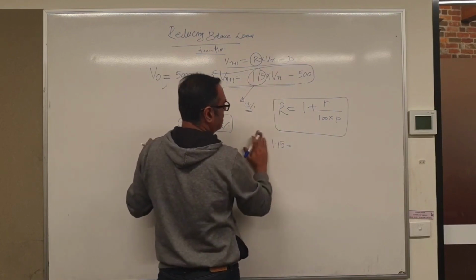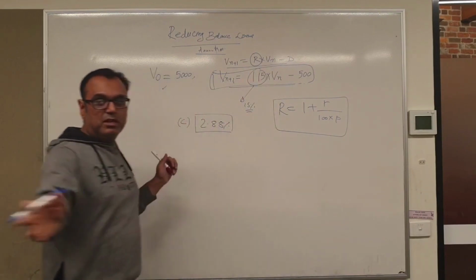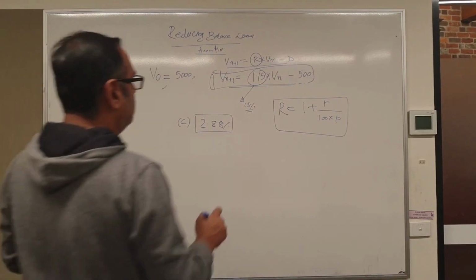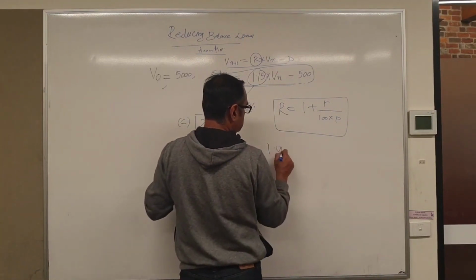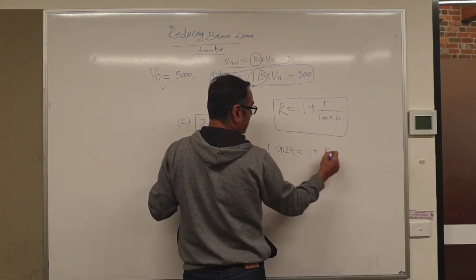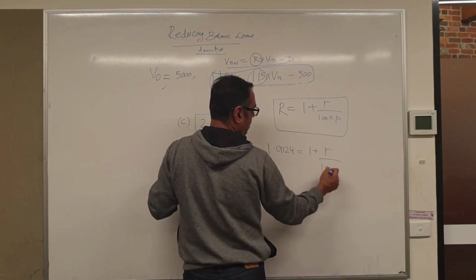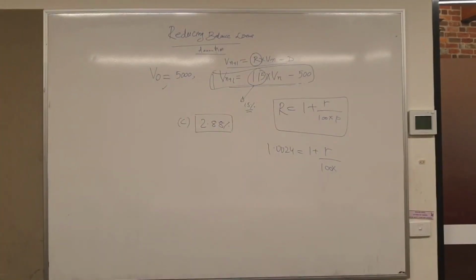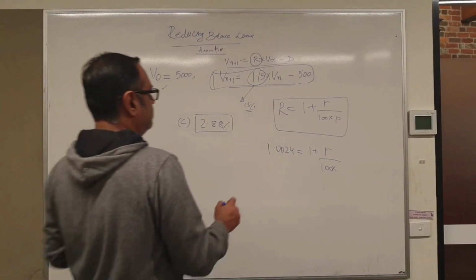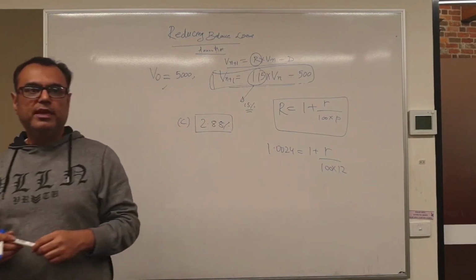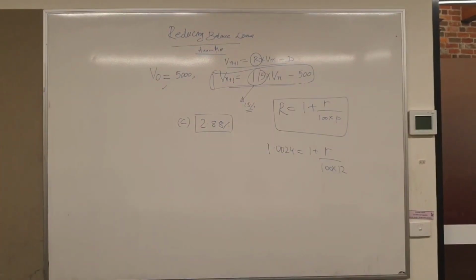In the book it is 1.0024. 1.0024 equals 1 plus r over, and what is the compounding period here? P is compounding, 12. If you plug this into your CAS, you'll get the answer.